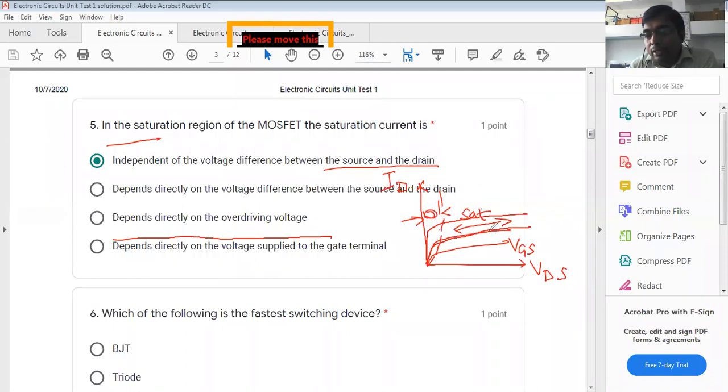This is a practical characteristic; ideally, it is a flat line parallel to VDS. In the saturation region, your MOSFET acts as an amplifier, and the drain current or saturation current ID SAT becomes independent of VDS. There is no effect of VDS here.